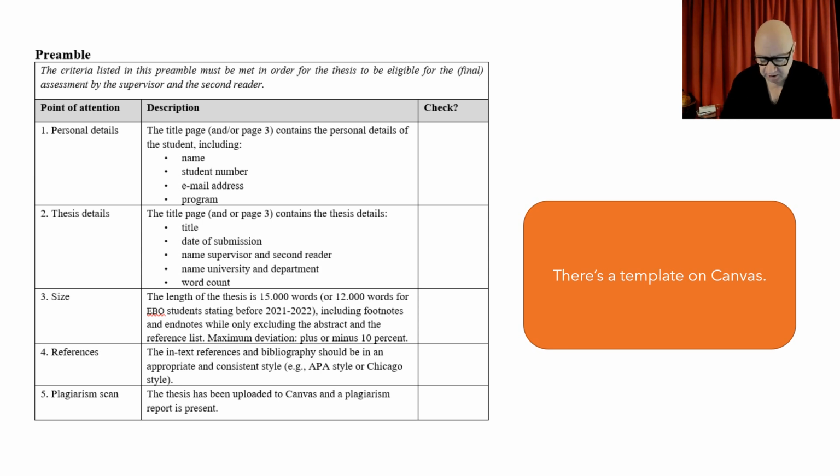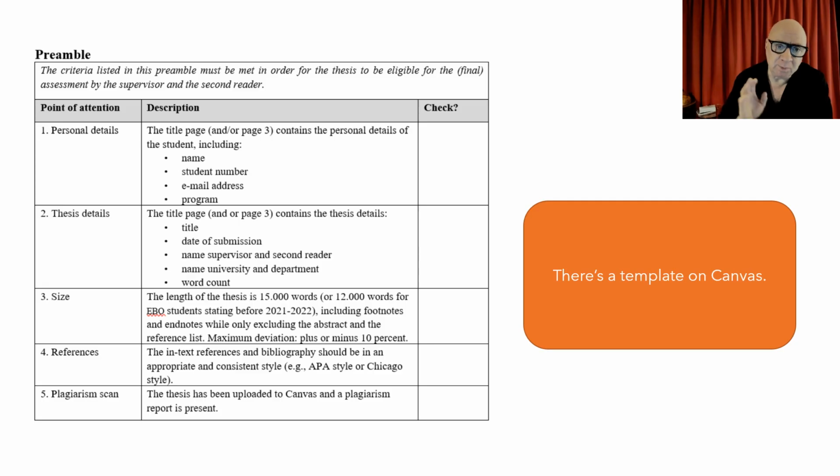And there's a template that the supervisor and the second and third reader can use. First, there are several criteria that you have to meet. If your thesis doesn't meet these criteria, then your thesis will not be graded. That sounds harsh, but you need to meet some criteria.